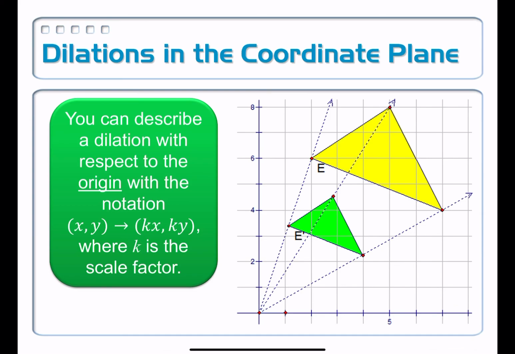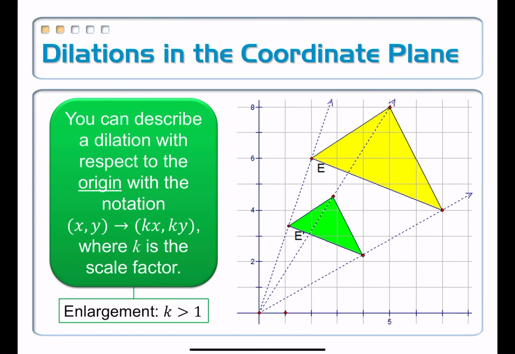Before I move on past this, another thing that we were able to get from that investigation is, what can you tell me about the value of K? What has to be true about the value of K in order to make this an enlargement, to make it bigger? Well, K has to be bigger than 1. Then what has to be true about the value of K in order for it to be a reduction, to shrink the size of your pre-image?